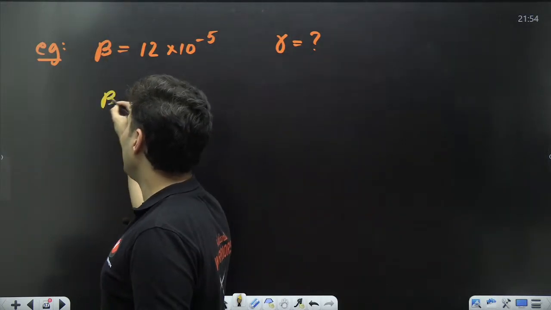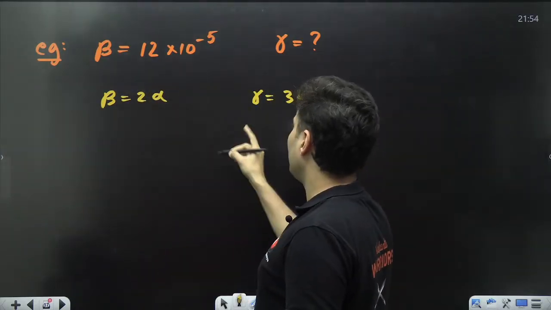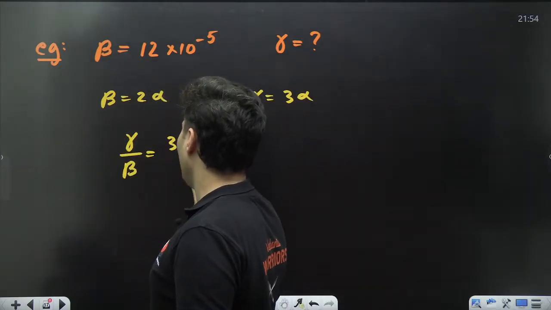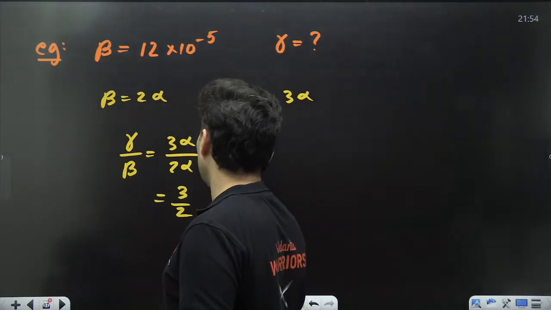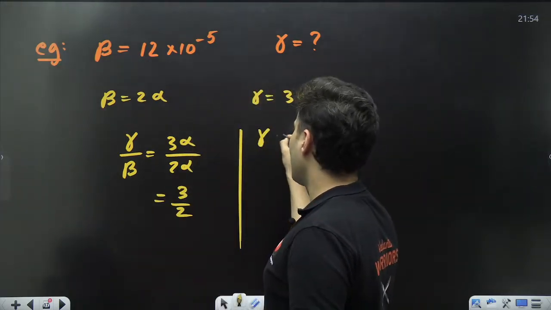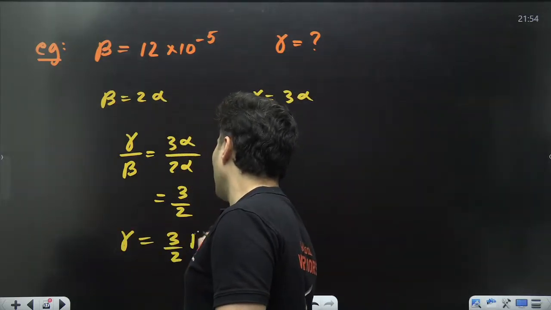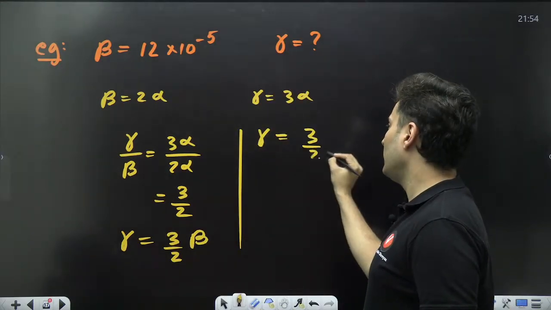Remember, beta is 2 alpha. Gamma is 3 alpha. So if I divide them, gamma by beta, it will be 3 alpha divided by 2 alpha. Alpha, alpha cancels. It will be 3 by 2. What it means is gamma is 3 by 2 times beta. So 3 by 2 times beta.